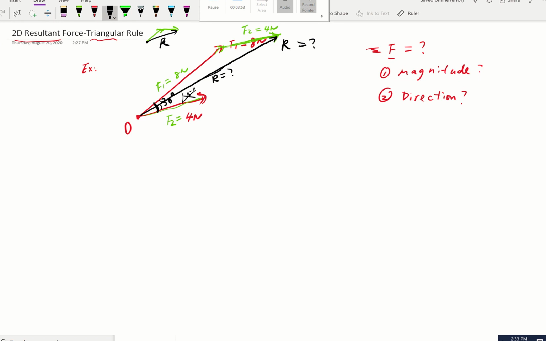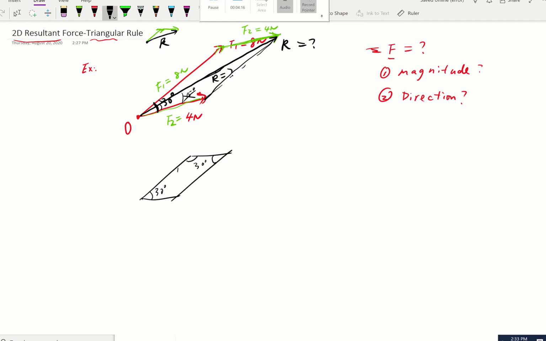So thinking about it, if I were to draw a parallelogram, I'm going to draw another line here. So we create a parallelogram. The characteristic of a parallelogram is, for example, if this angle is 30, would this angle be 30? And how about this obtuse angle?